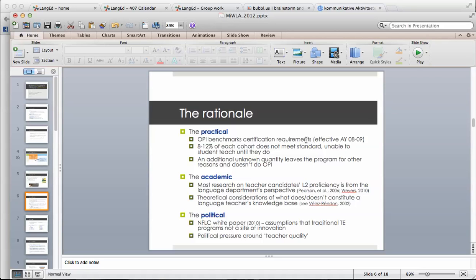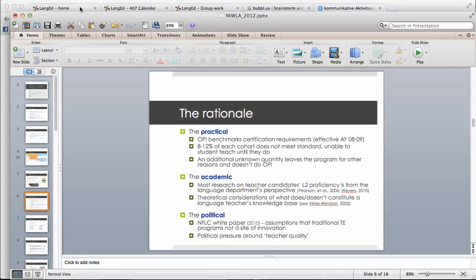This general pressure has applied specifically to world language teacher education most recently. For example, a 2010 white paper from the National Foreign Language Center, which I think is filled with lots of assumptions that traditional TE programs like that at MSU are not going to be sites of innovation. So we're actually trying to talk back to that assumption a little bit in terms of our work here.